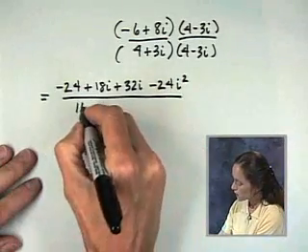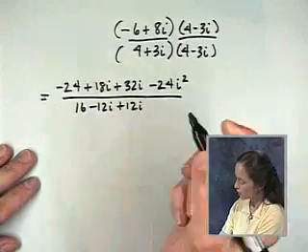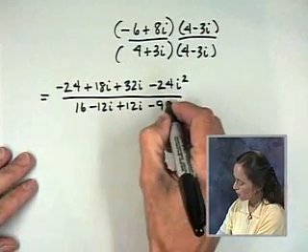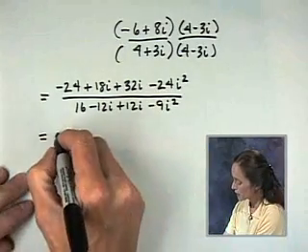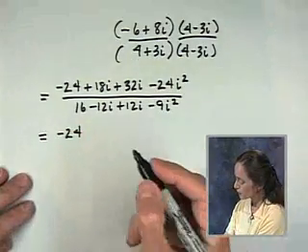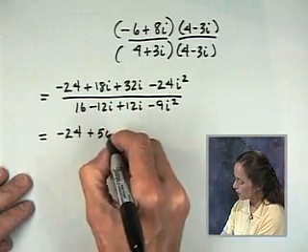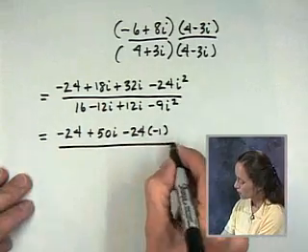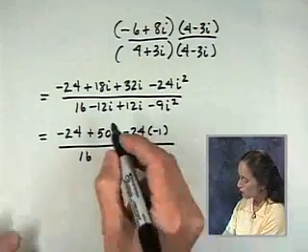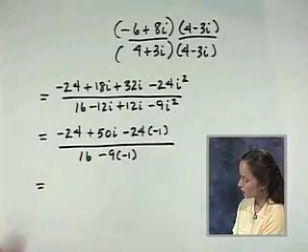Underneath, 16 minus 12i plus 12i, notice those add to 0, minus 9i squared. Combining like terms and replacing i squared with negative 1, I get negative 24 plus 50i minus 24 times negative 1. Underneath, 16 plus 0i minus 9 times negative 1.